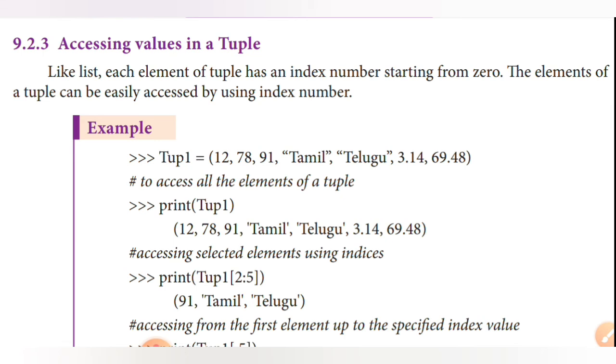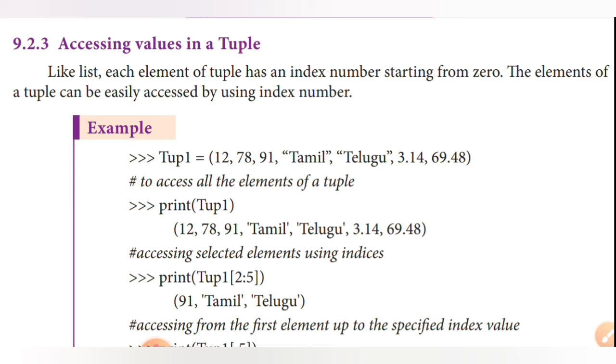Print tup1[2:5]. Here colon is the range operator. We want to print the elements from 2 to 5. We already know the stop value takes stop minus 1, so 5 minus 1, it stops at 4. So 2 to 5 means 2 to 4.